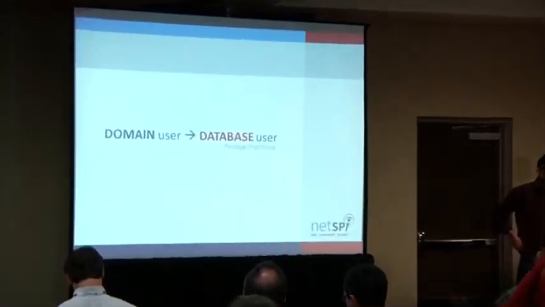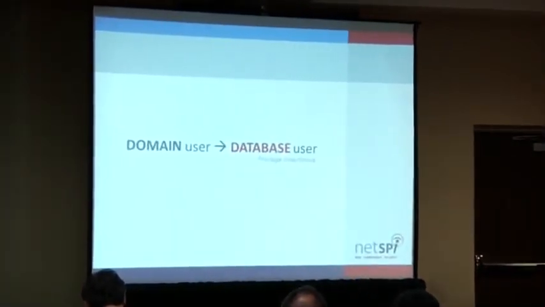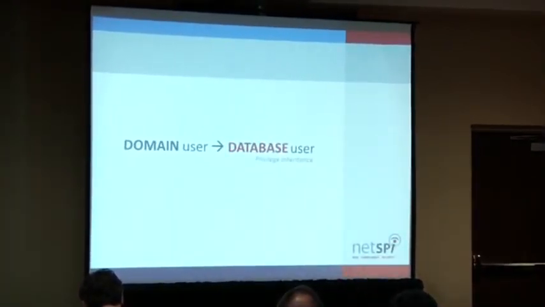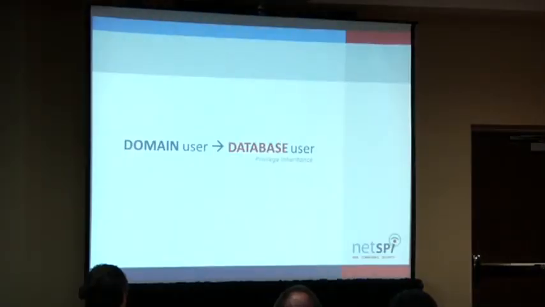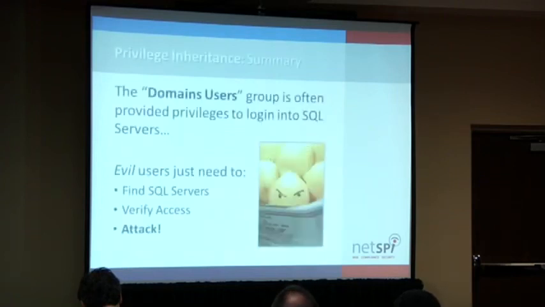So the first real scenario we're going to talk about is going from a domain user into a database user. So I'm a domain user on the network. I really shouldn't have access to any databases because I work in HR or I'm doing something that doesn't require it.